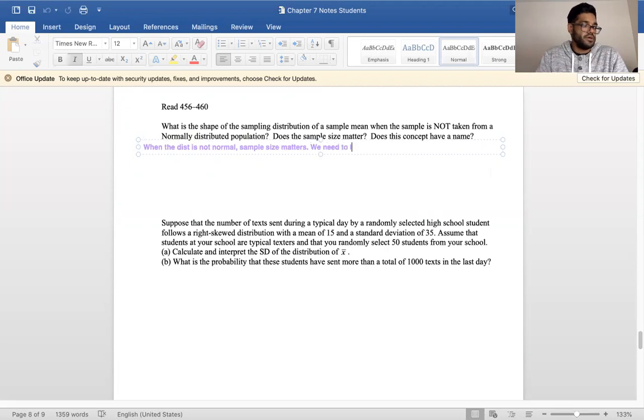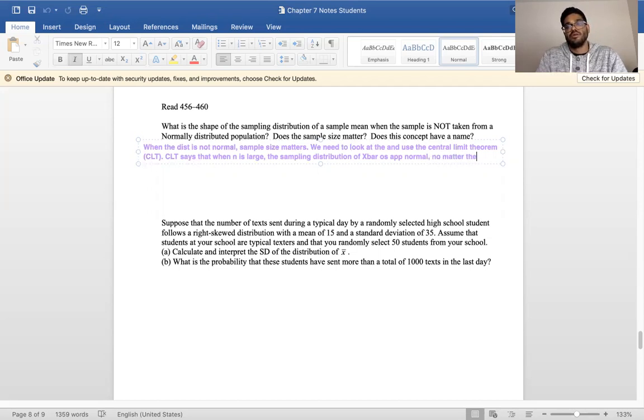So we need to use the central limit theorem, which I'm just going to call CLT from now on. The CLT says that when n is large, the sampling distribution of x bar is approximately normal, no matter the shape of the population distribution.